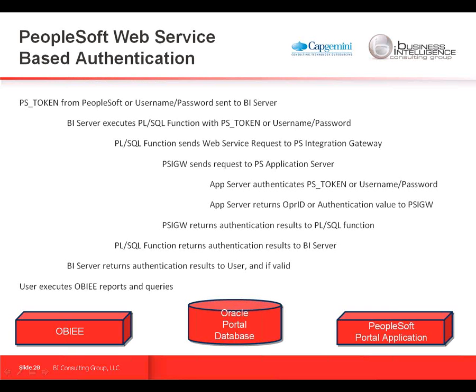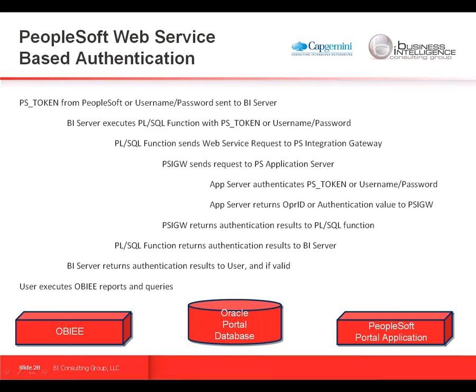And the integration gateway sends the request on to the PeopleSoft application server, which will return a username for a PS token. In the case of a username and password, we really weren't doing anything in the PeopleSoft service other than simply using the integration gateway and the application server authentication built into the PeopleSoft web services to say that the user is valid.